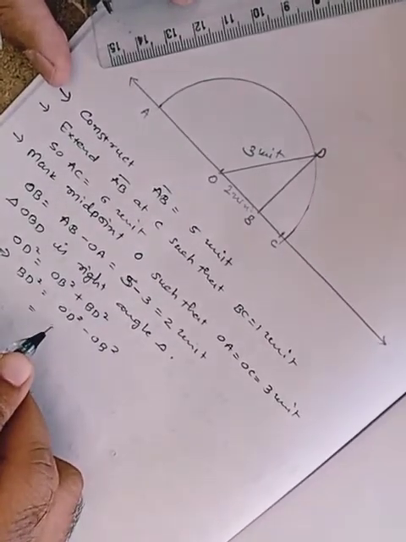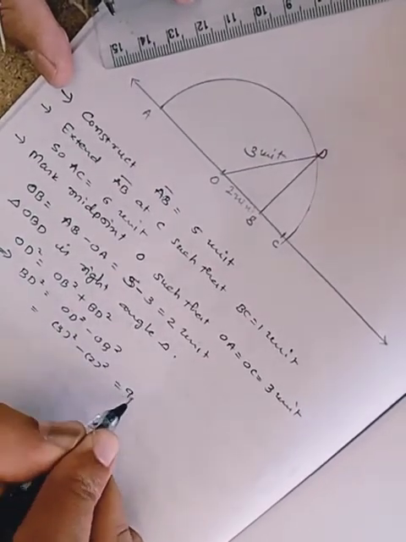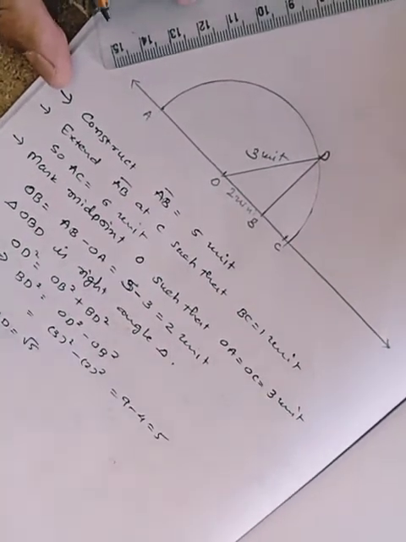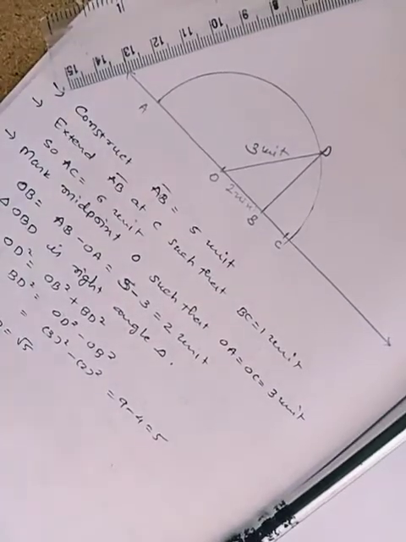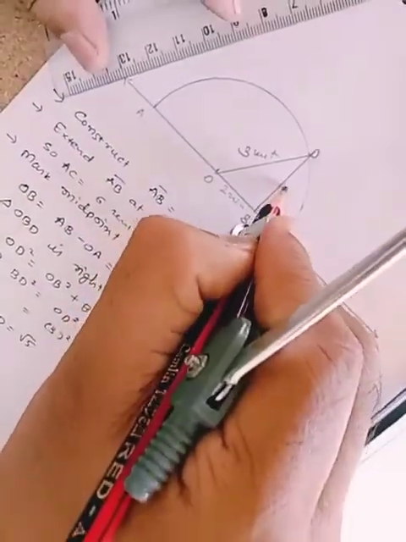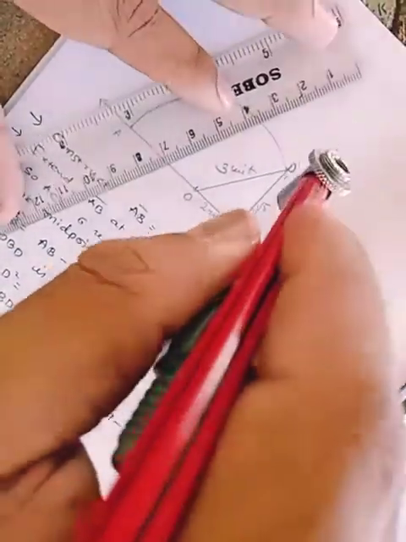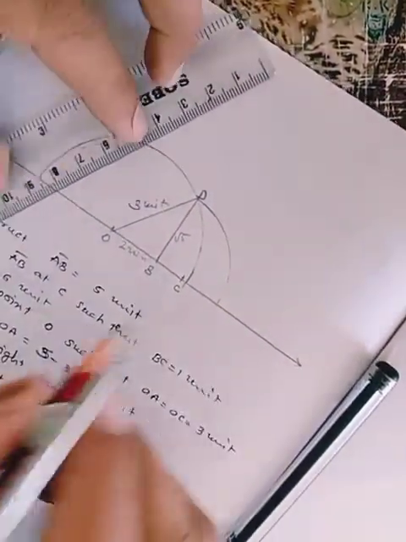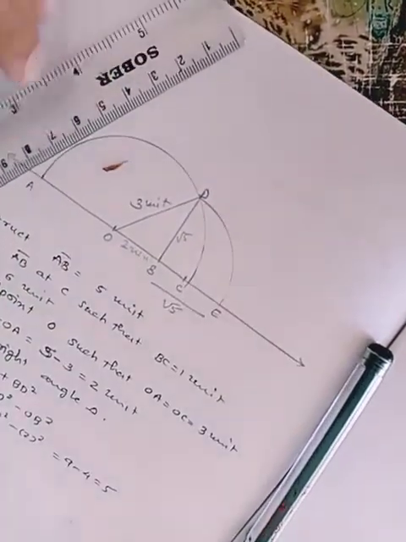So it will be 3 square minus 2 square, 9 minus 4 equals 5, and so BD equals root 5. So we take B as center and BD as radius, and we draw. Then at point E we get the BE length equal to root 5.